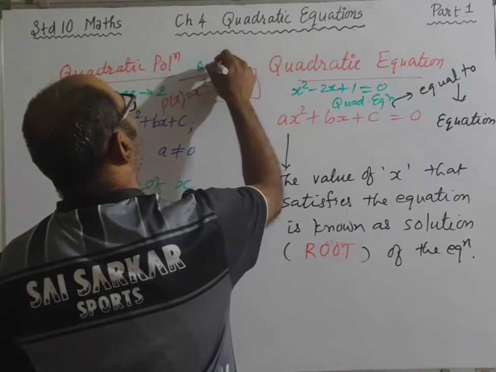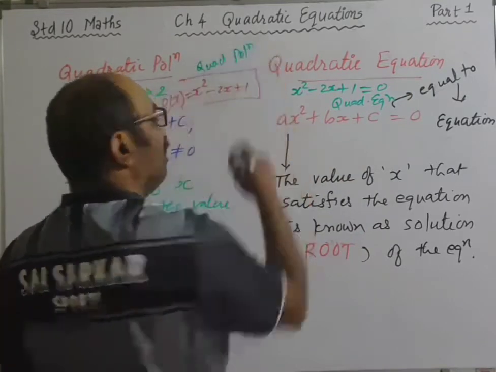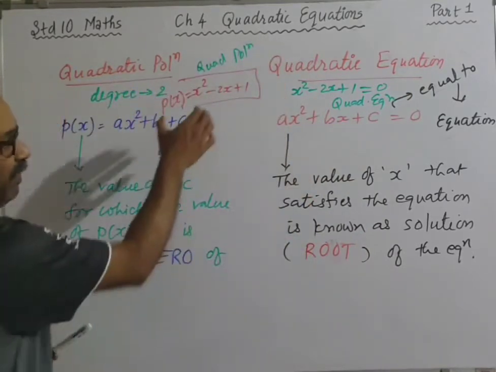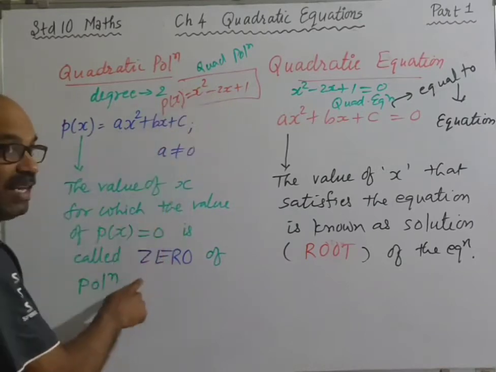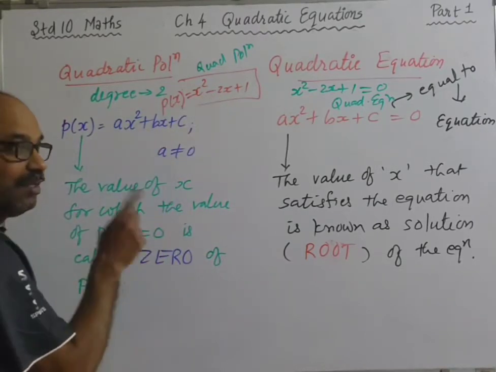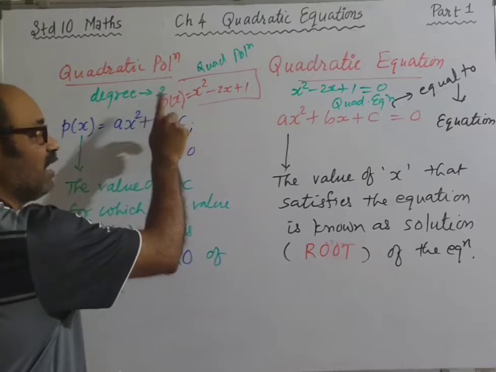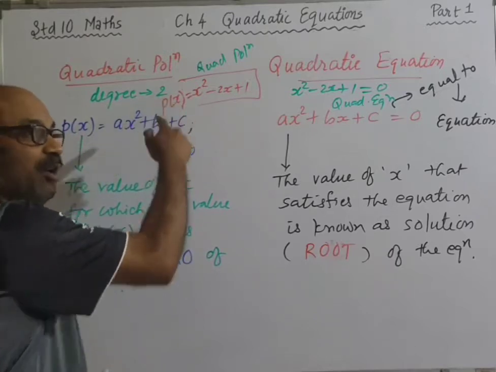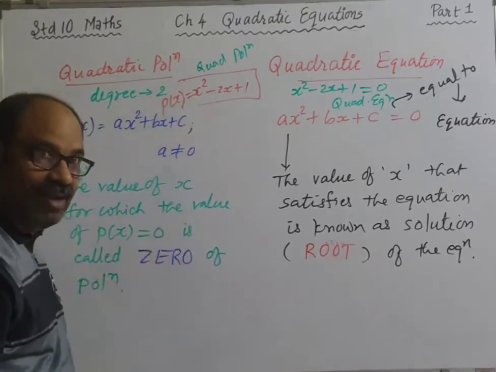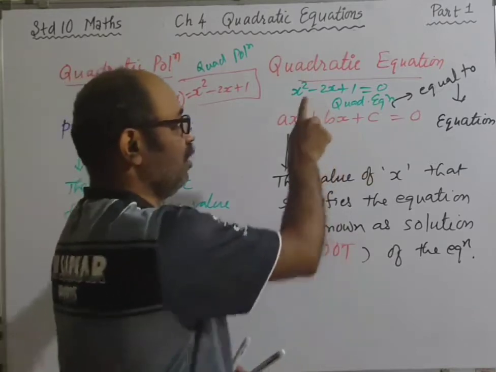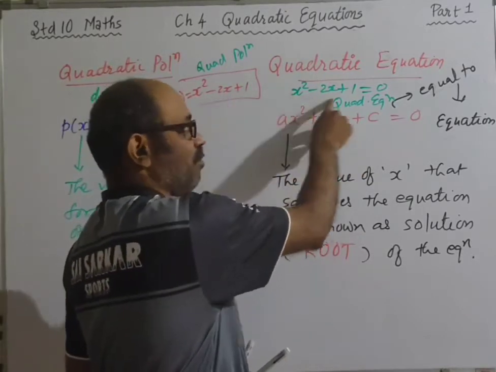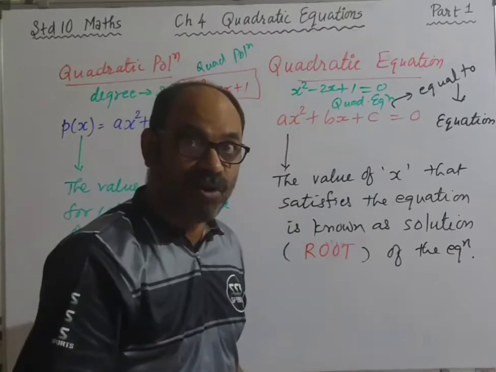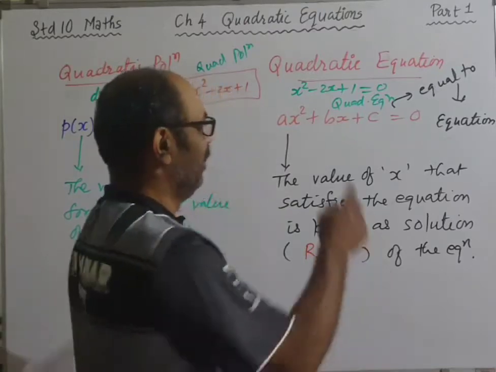If it is in the form of polynomial, we will get zeros. Zeros are the values of x for which p of x, the value of the polynomial, becomes 0. If we write that polynomial equal to 0, then it turns into a quadratic equation.